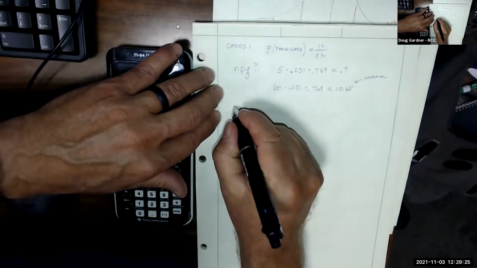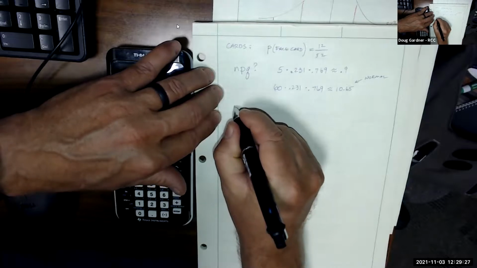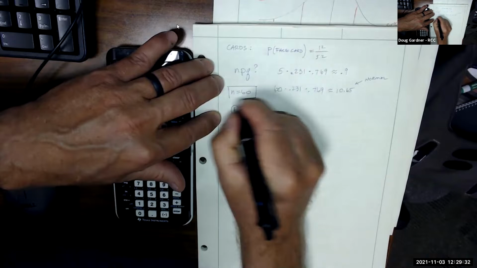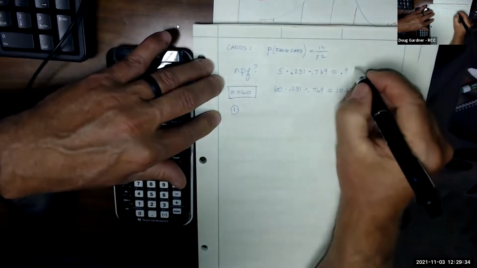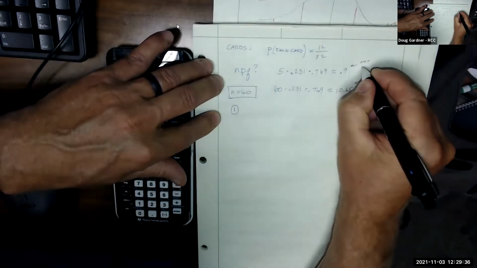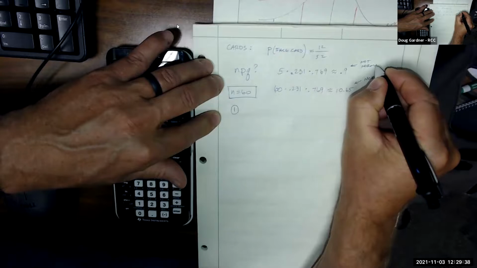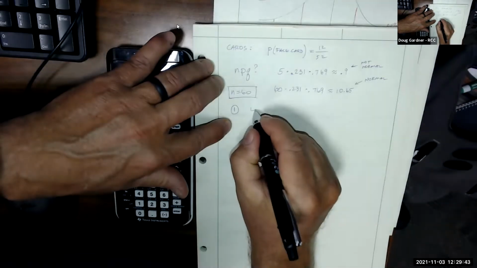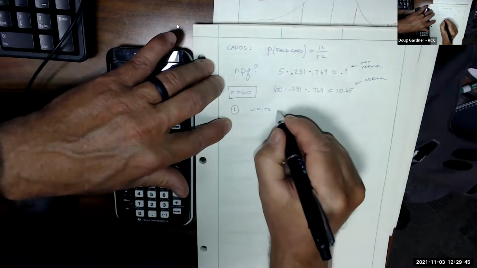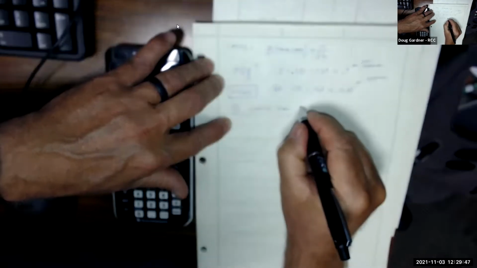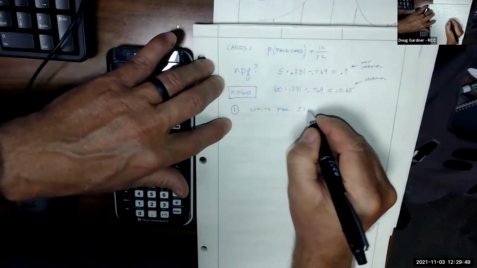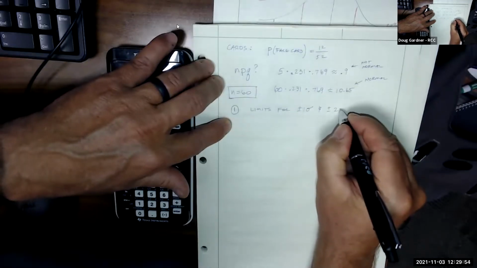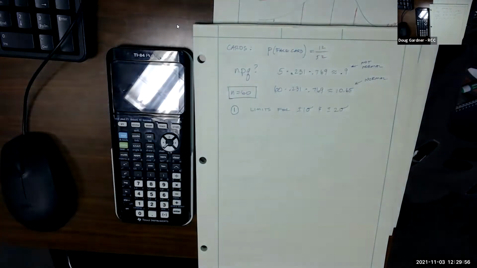Number 1, with n equals 60, since we decided that was actually okay. This one was not normal. Could you establish limits for plus and minus 1 standard deviation and plus or minus 2 standard deviations like we did a minute ago?